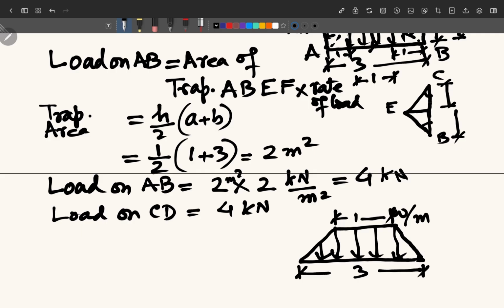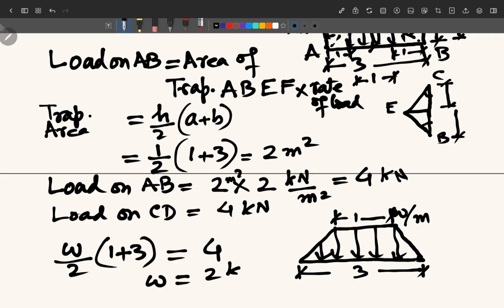If you take the area of the load diagram, that will be equal to the total load. So load diagram, we can say W by 2 into 1 plus 3. From the load diagram, when we take the area, that is equal to the total load, which is 4 kilonewton. So from here we can say that W is equal to 2 kilonewton per meter. This is the rate of loading on trapezium.